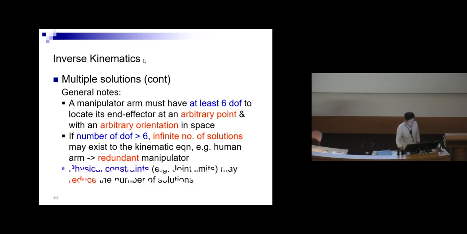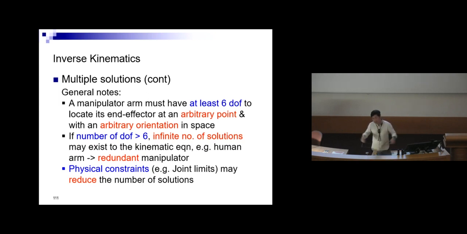But in almost all cases, we don't have this infinite number of solutions. In practical situations, you have physical constraints, for example, the joint limit. The joint limit will reduce the number of solutions.